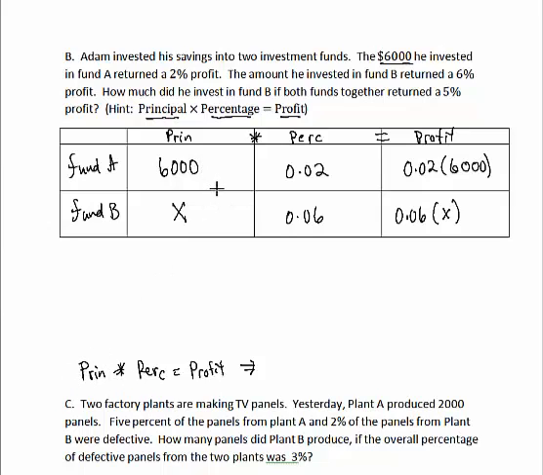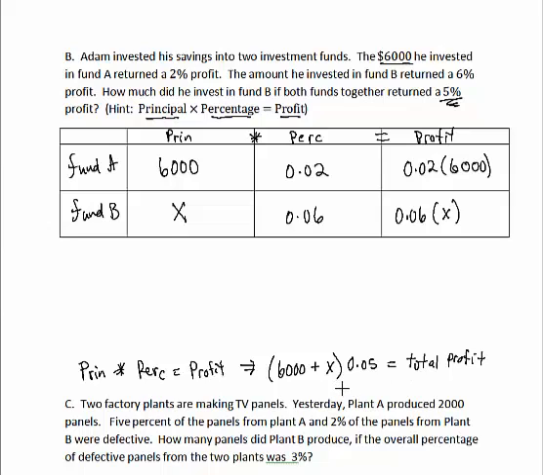Well, if we add Fund A to Fund B, then we would come up with the expression 6,000 plus X, and then we're told the percentage that he earned, 5%. So if we take this total principal and multiply it by the overall percent profit of 5%, we get the total profit.